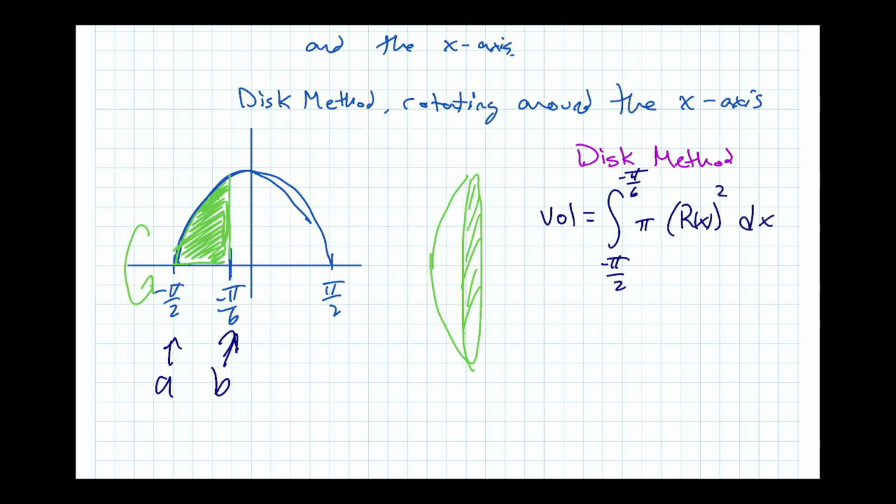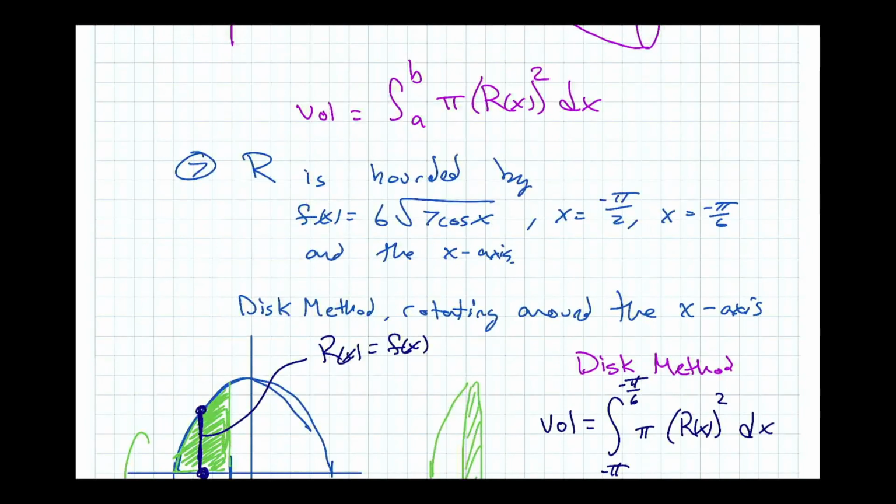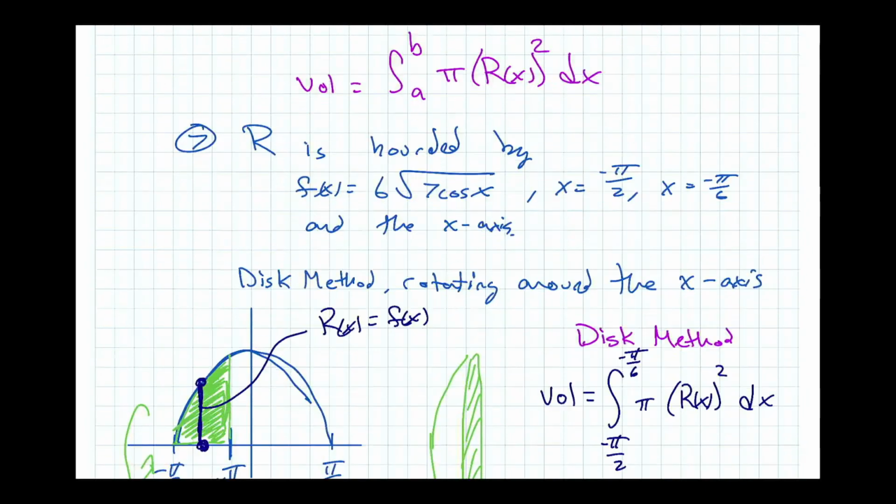What's the radius? Well, you measure from the axis, which is here, to the curve, which is here. So the height happens to be the function. The radius as a function of x is just going to be f of x, which is given to us as 6 square root 7 cosine x.